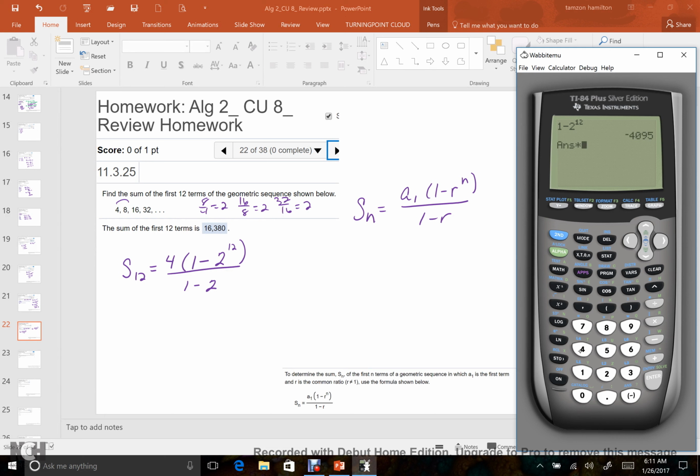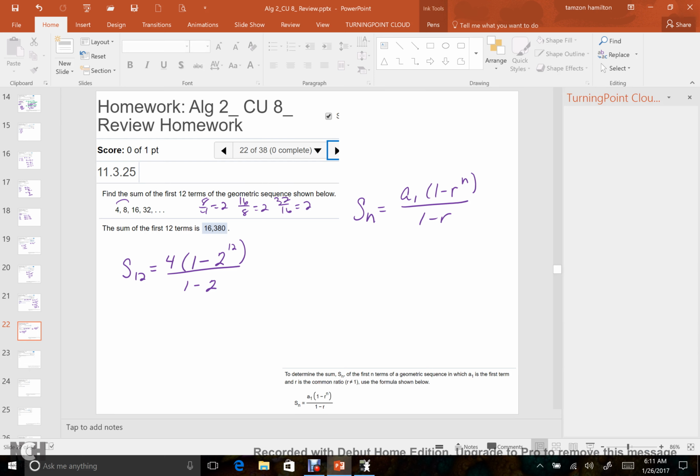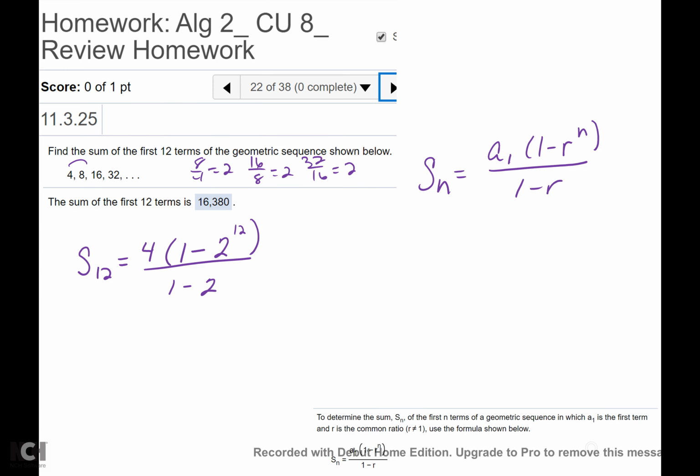Then I hit times 4, enter. And then I hit divided by negative 1, enter. And I get the sum, crap. Forgot I can't write at the same time. The sum of the first 12 terms is 16,380. Just type it very, very carefully.